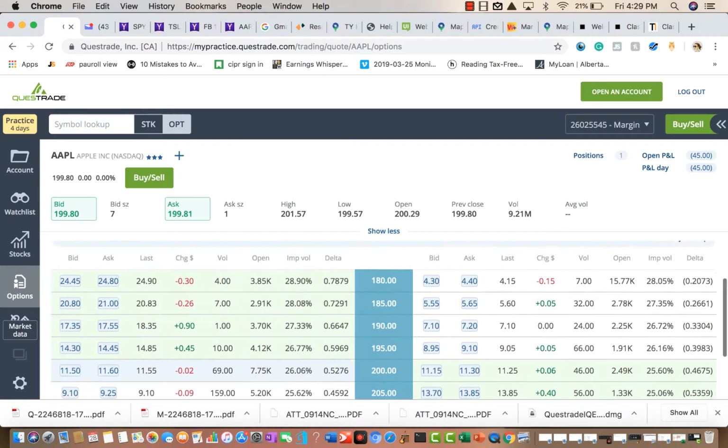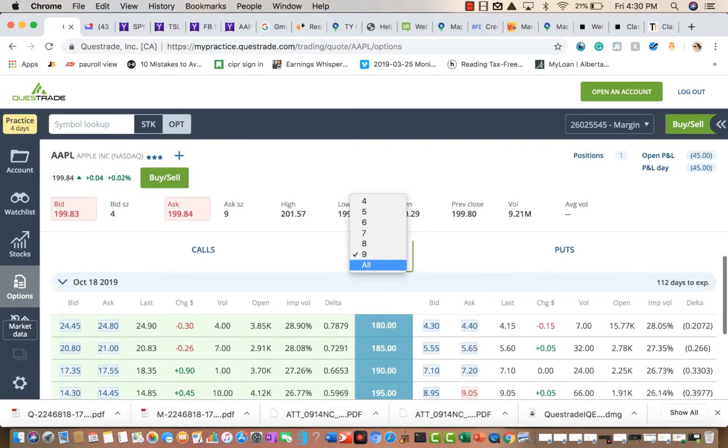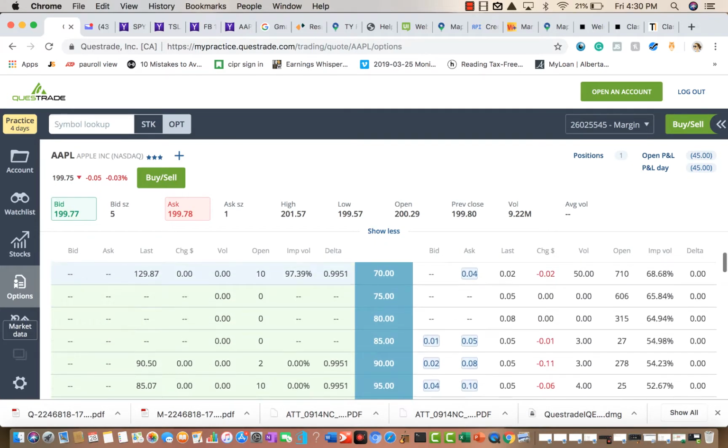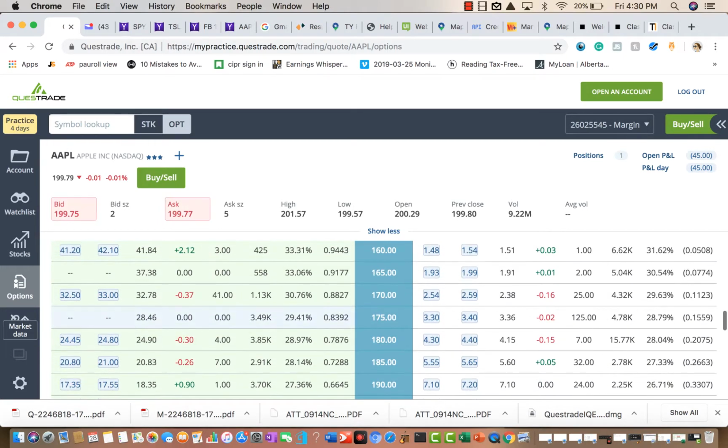That's it. See how you can only choose from these ones, so you have much fewer options there. So you want to go to all, and now you have way more options to choose from. So you're gonna choose the delta close to 0.8. I think I would choose 0.78 in this case.